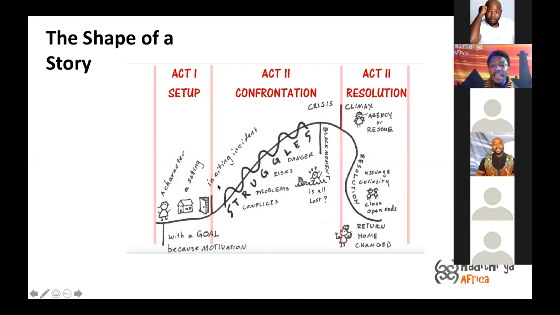And then once the setup is done, obviously I cross now into the extraordinary world, and that's where I discuss the conflicts I've dealt with, the problems, the risks, the dangers, the trials and tribulations basically.